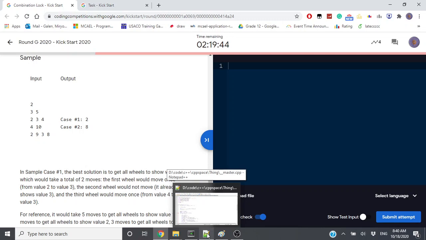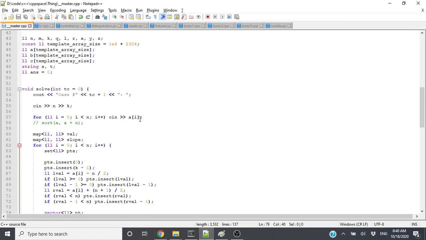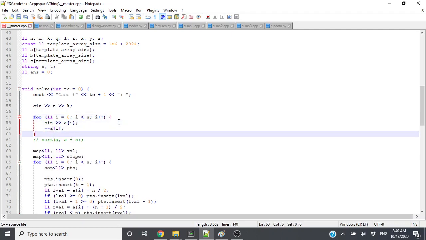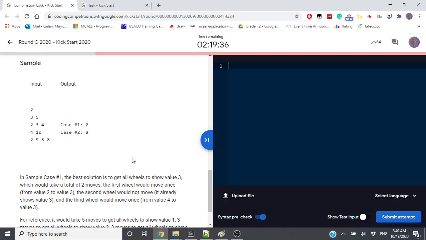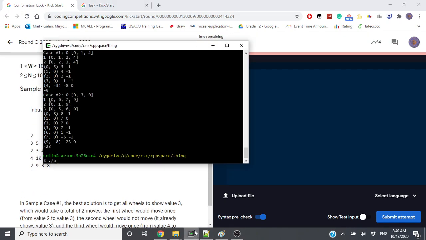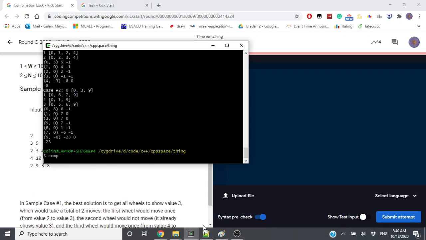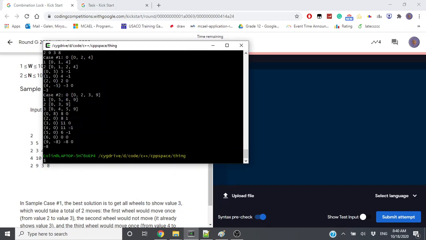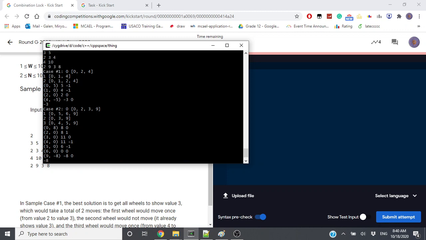That would make sense. Wait, what I should do is decrement this, otherwise it would be between 1 and n, or wait, how does this work? Yeah, I want it to be 0 indexed because that's more convenient. -3, -8, okay, slightly better. Not that much better, but slightly.